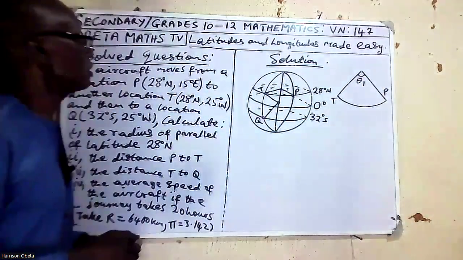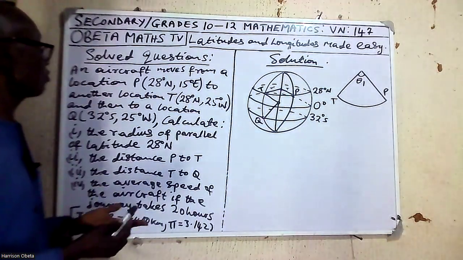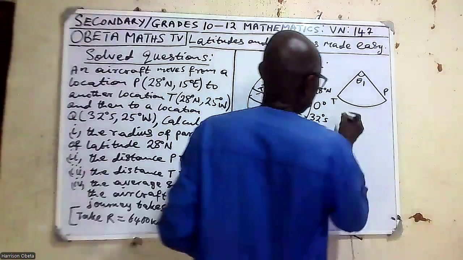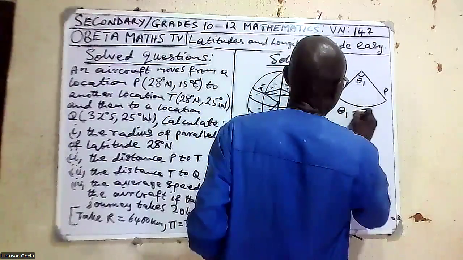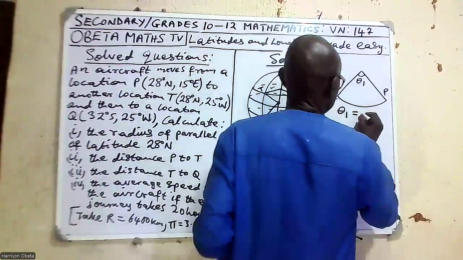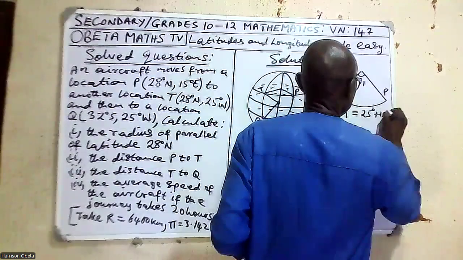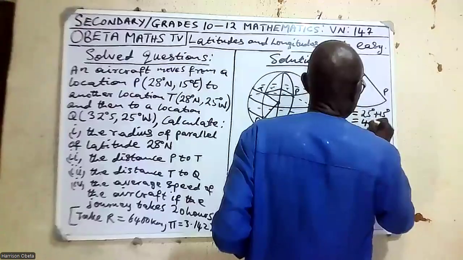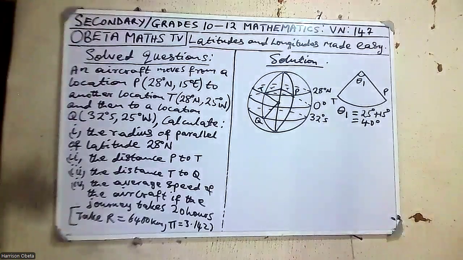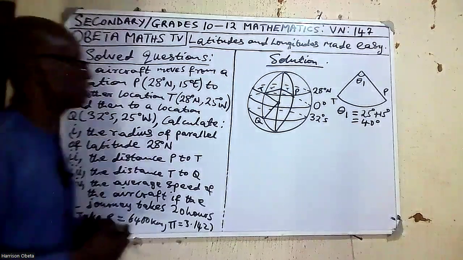To calculate theta 1, we check the angular difference. You have east and west, so theta 1 is equal to east and west, we have to add. That is 25 degrees plus 15 degrees, and that is 40 degrees. Now we keep that, and then we go back to find the radius of parallel of latitude 28 degrees.